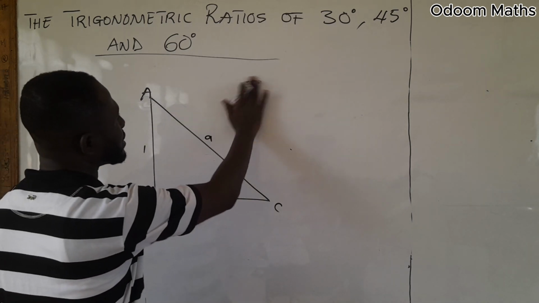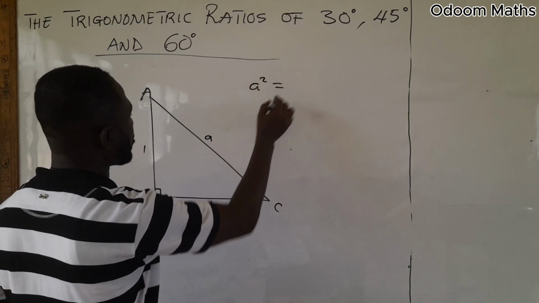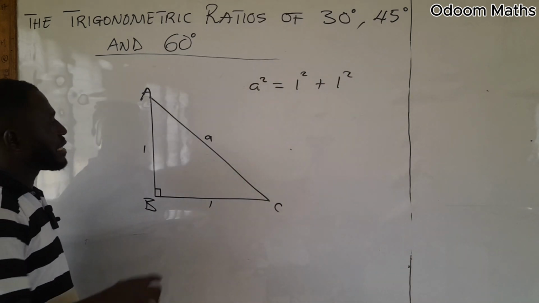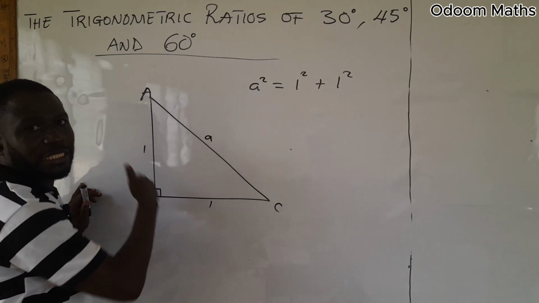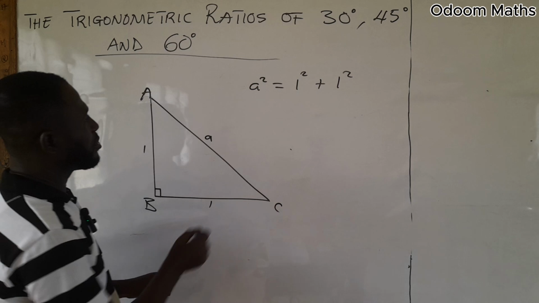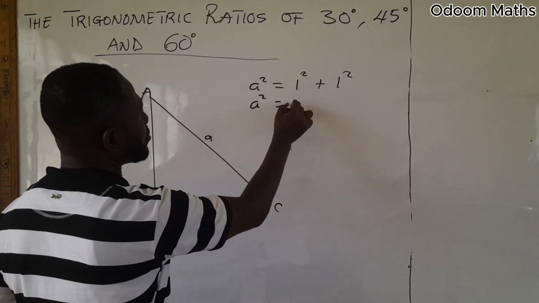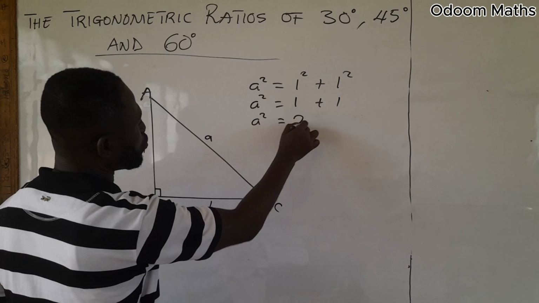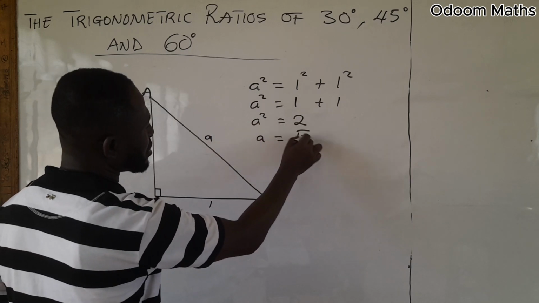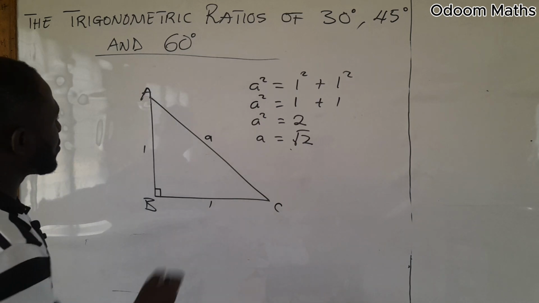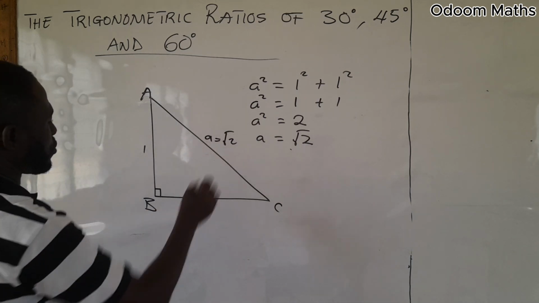So a squared is equal to 1 squared plus 1 squared. That is, the sum of squares of the other two sides is equal to the square of the hypotenuse. So a squared is equal to 1 plus 1, so a squared becomes 2, and then a becomes root 2, taking the square root of both sides. Now this side is root 2.